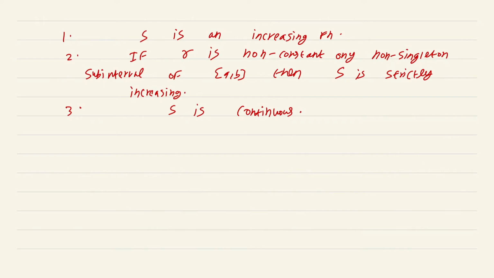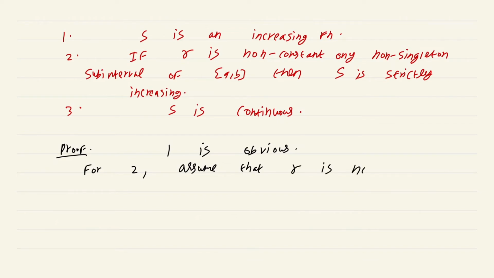So let's see a proof. Proof. 1 is obvious. I'm not even going to dignify 1 with any more time. For 2, assume that gamma is non-constant on non-singleton subintervals.